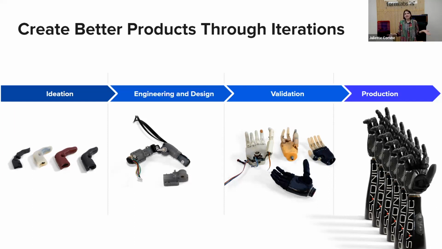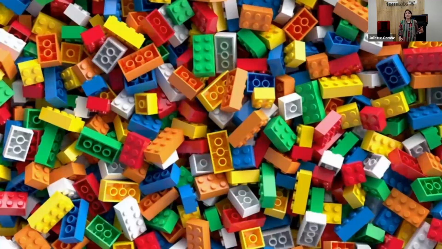So you can see that at all those steps, it really helps to produce different units and different iterations of your final product, and this helps create a better product. One thing we see today is that most manufacturing methods are based on the concept of mass production.